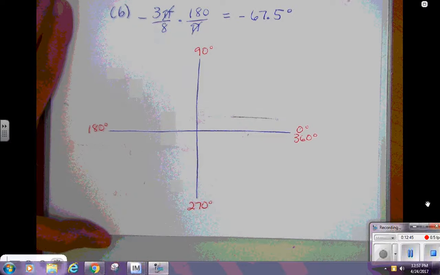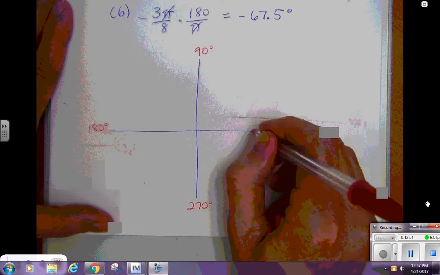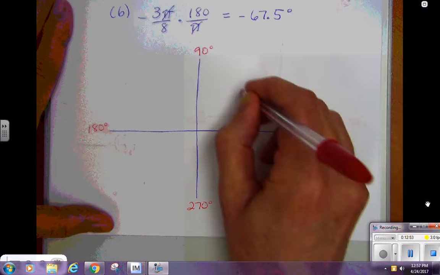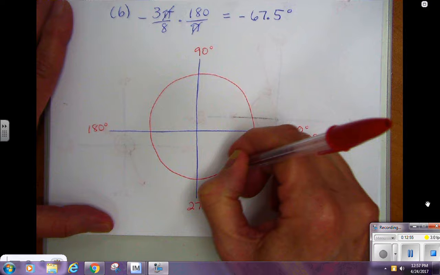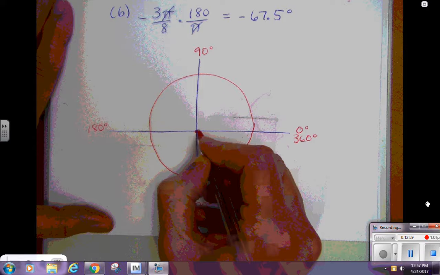And since we're measuring how long the arc is, that's what we're going to be doing for some of this, I'm going to go ahead and draw a circle all the way around it. The center is at the origin.